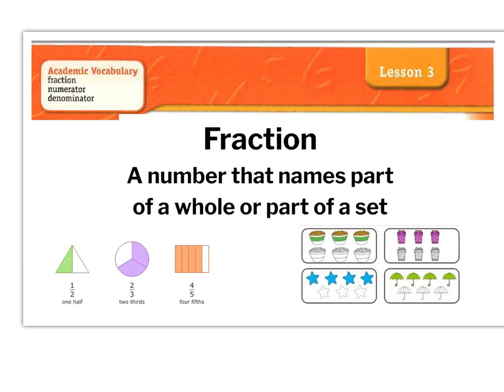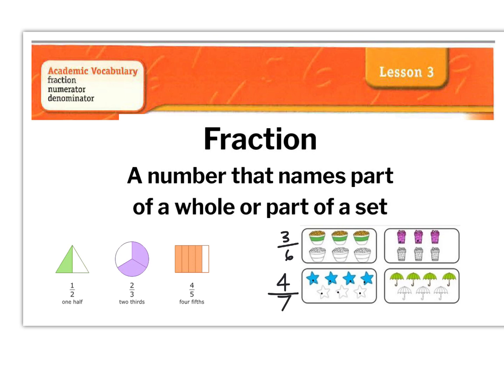that's 4/5. And then here is a set example. Here are 1, 2, 3, 4, 5, 6 bowls of cereal. 1, 2, 3 are shaded in, so 3 out of 6 would be this set. Here we have 7 stars. 7 is the total in the set, and 4 stars are shaded in, so 4 out of 7.